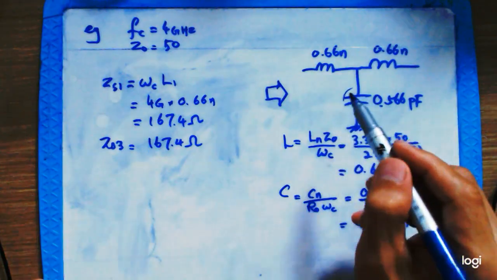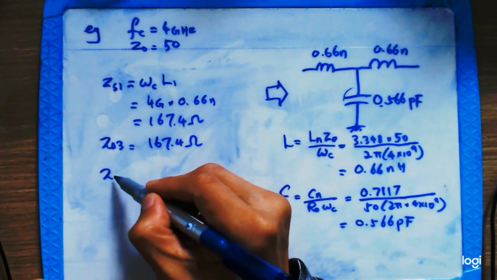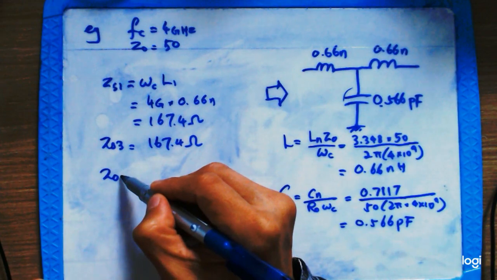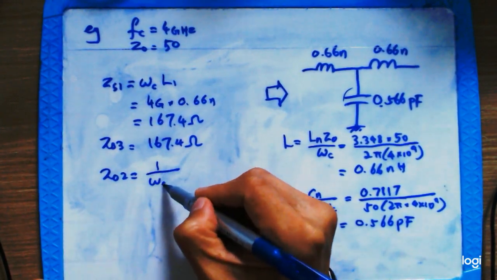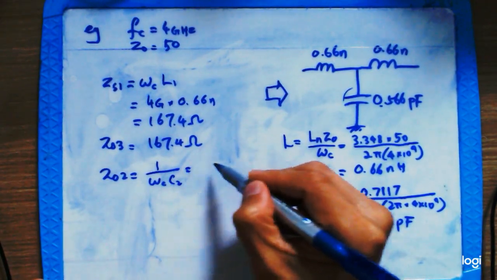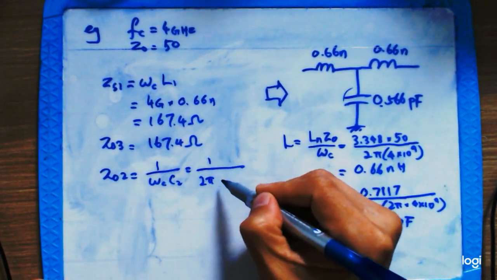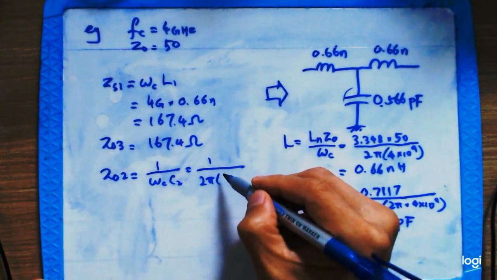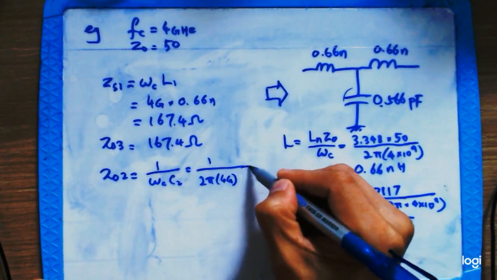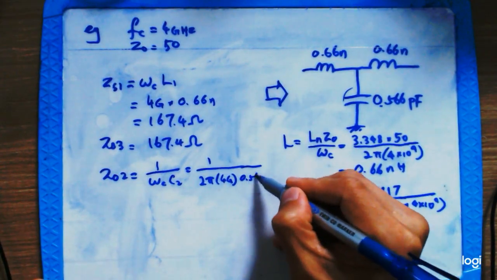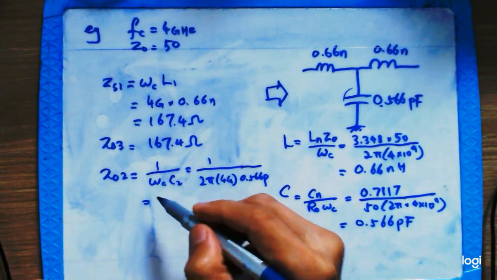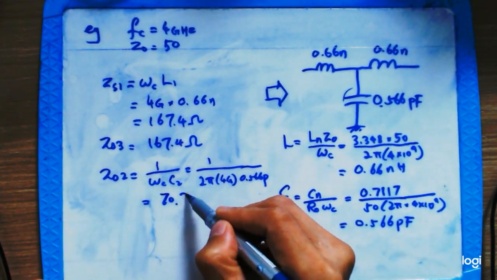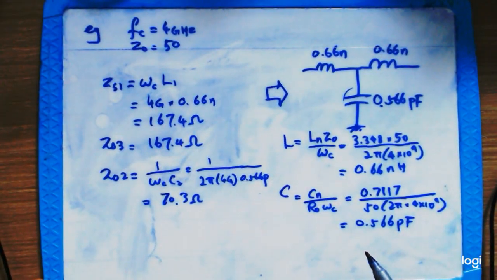And this one will be based on open circuit stub. The open circuit stub impedance will be 1 over C and then C2, times 4 giga and then 0.566 pico. And as a result, if you work out very carefully, you will find this impedance.